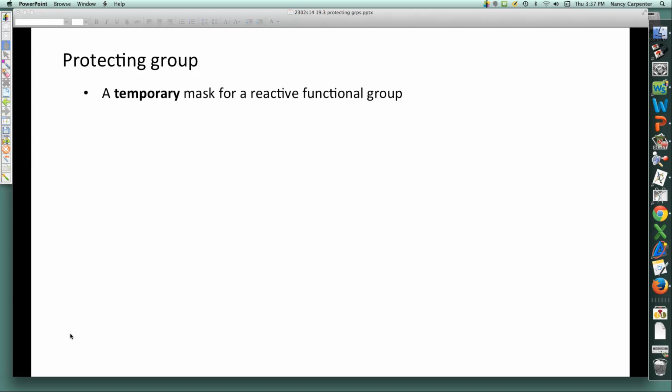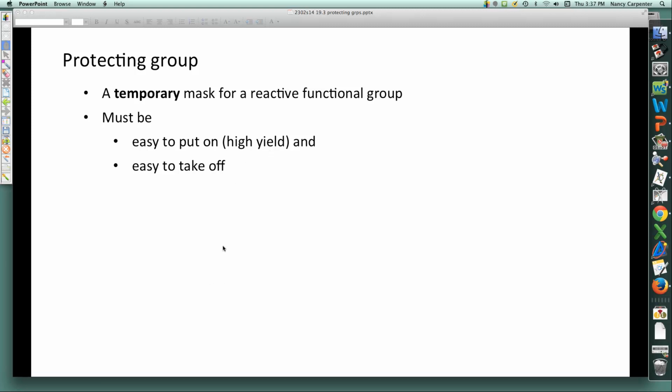A protecting group is a temporary mask for a reactive functional group. Key to having a good protecting group is that it's easy to put on your molecule and easy to take off your molecule. You don't want to use up a lot of time, and you sure don't want to use up a lot of material doing this.